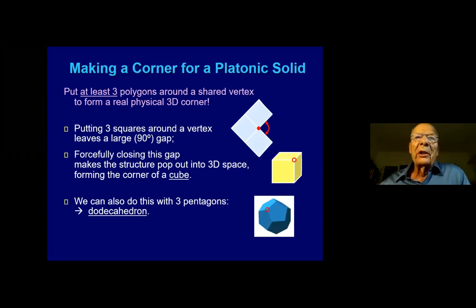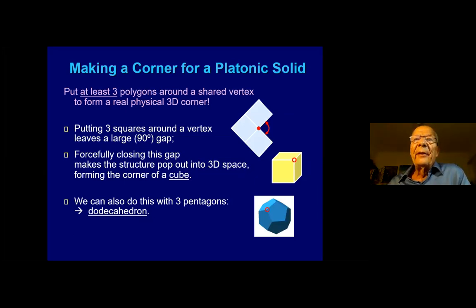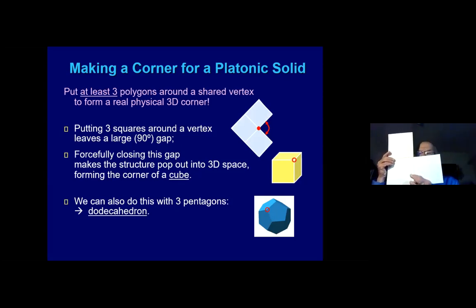In order to construct the surface of some Platonic solids, we must assemble some 2D polygons so that they form a real physical corner. Thus, we need at least 3 faces coming together at each corner.